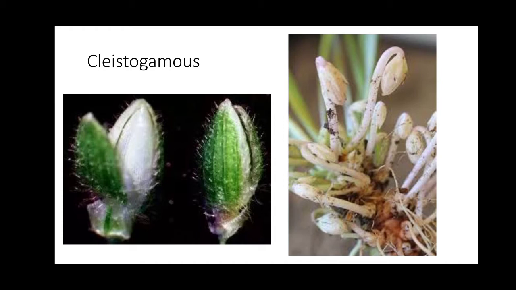But what actually will happen is that inside, both the reproductive organs, the pistil and the stamen, are going to get matured and undergo pollination within. So that means here there is a very high chance of self pollination.